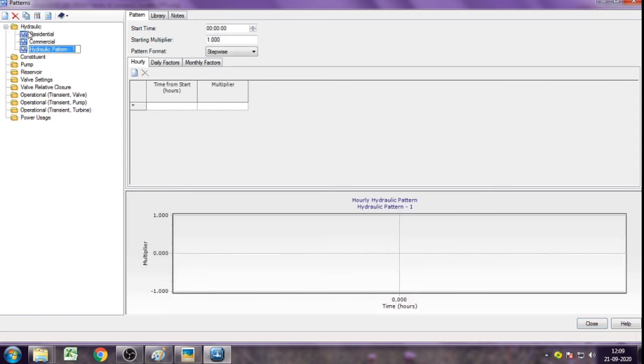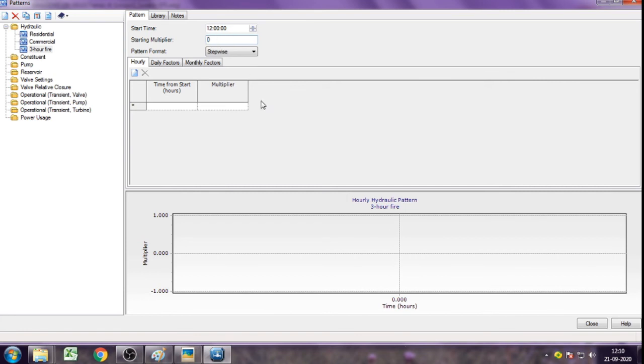We will make a new case here, which is 3-hour fire at junction number 6. What we are doing here is giving a requirement of a large amount of water during 3 hours of fire. So for that, 12 am, and the starting multiplier is 0.